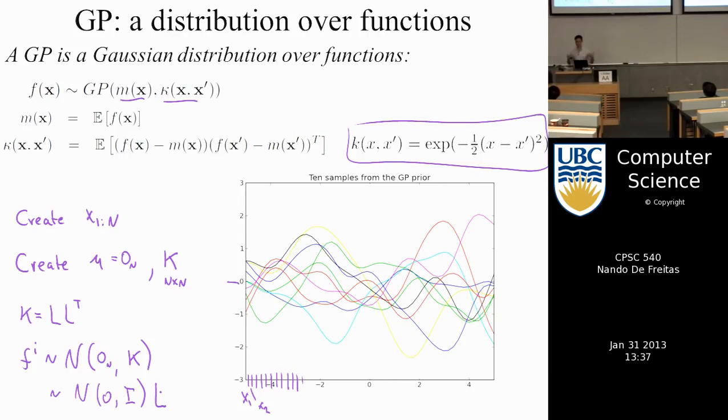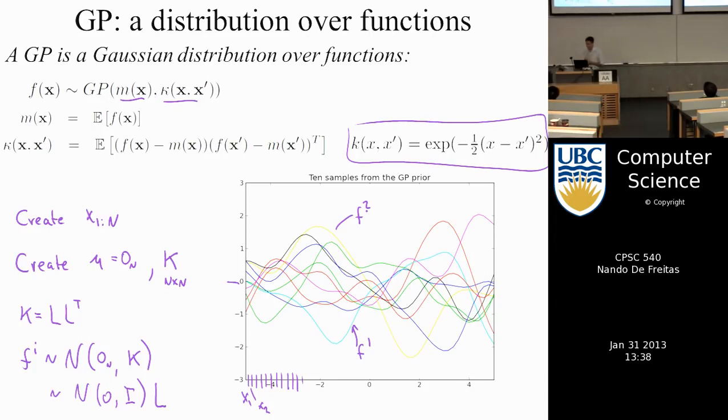Just like we did before to generate Gaussian numbers. And what you see is this curve here is f1, this curve here is f2, and so on. In this plot here, n is equal to, I believe, 50.